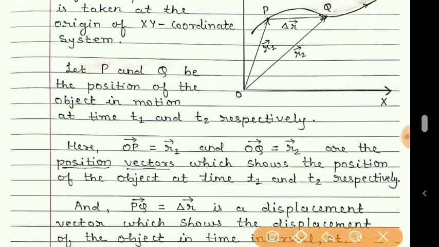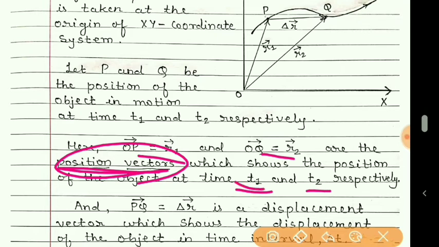So these two are nothing but the position vectors which show the position of an object at different times t1 and t2. These are the different times of these different positions P and Q.